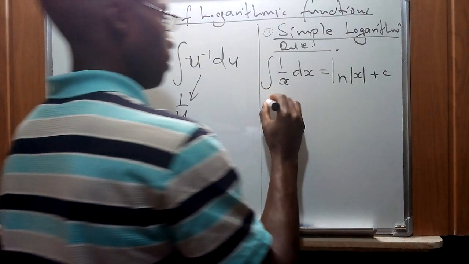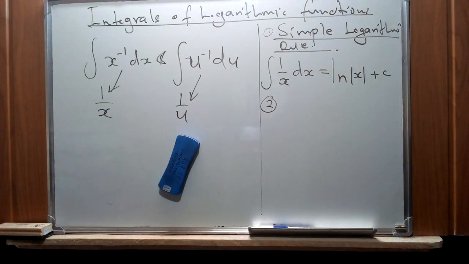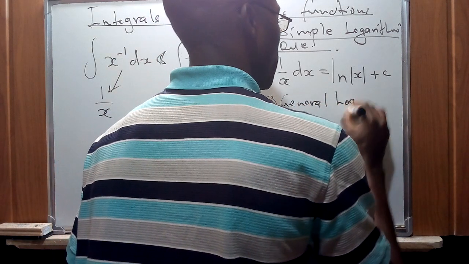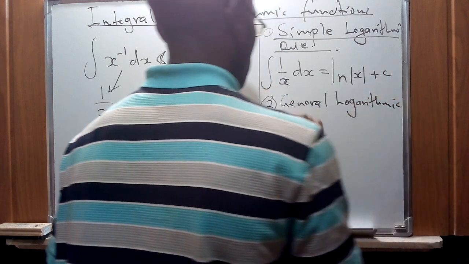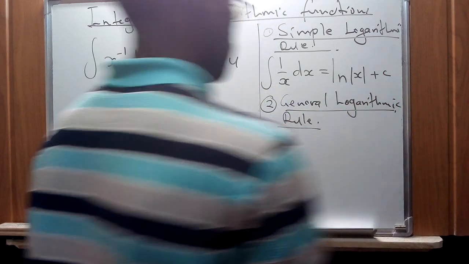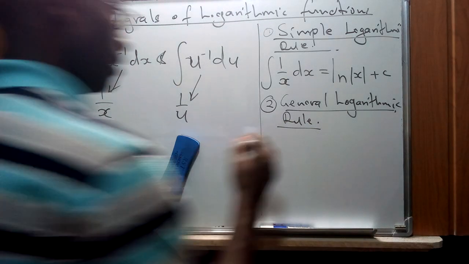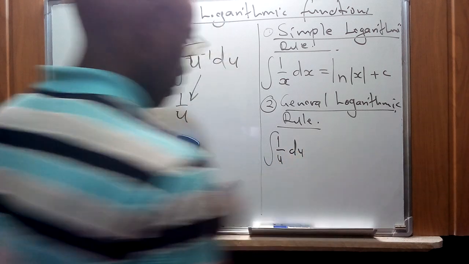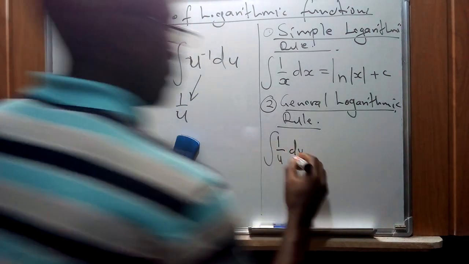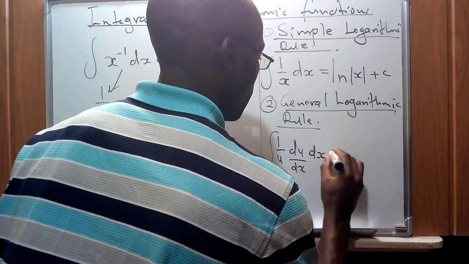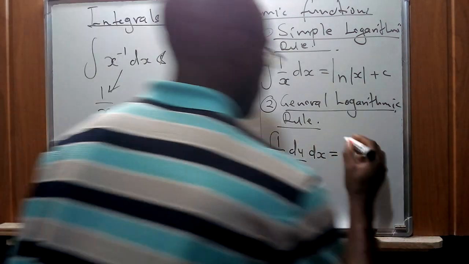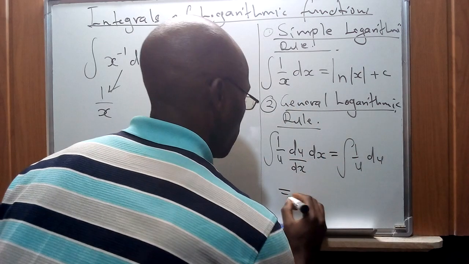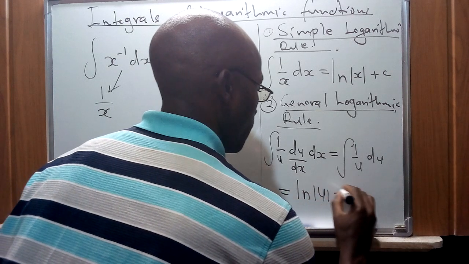The rule number two that we are going to apply in our examples is the general logarithmic rule, which of course is given as the integral of 1 over u du, where u is a function of x, is equal to the natural log of u plus c.